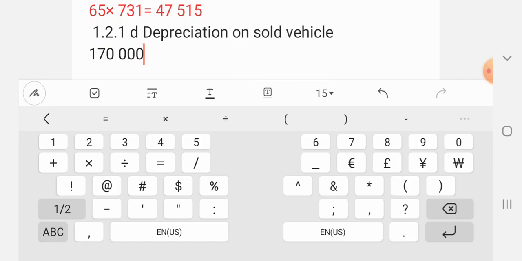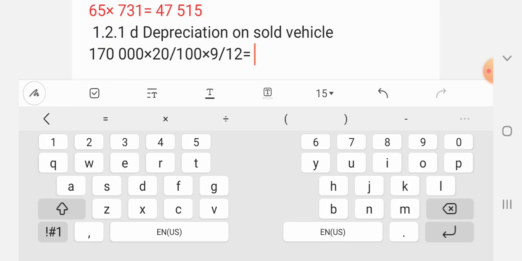Then we're going to multiply that by 20 over 100, and then multiply it by 9 divided by 12, because we had the asset for 9 months out of 12, and that's going to give us 25,000 rand.